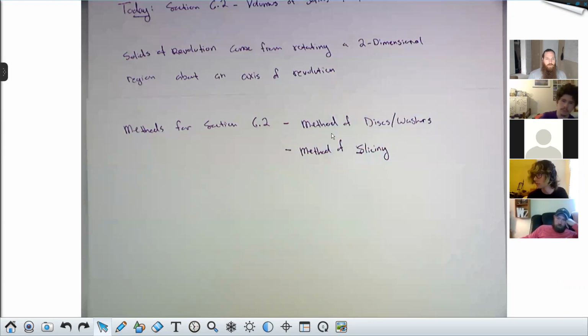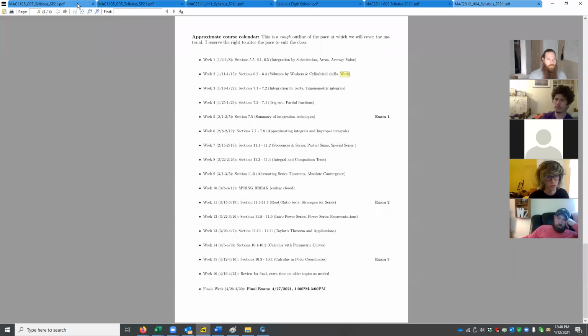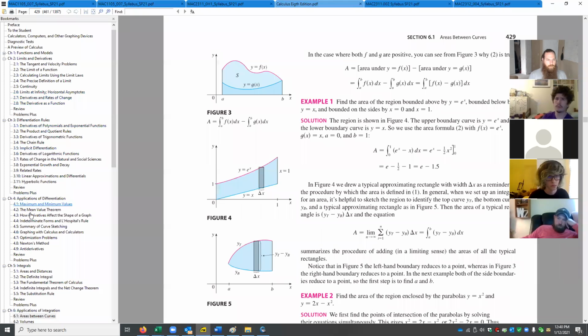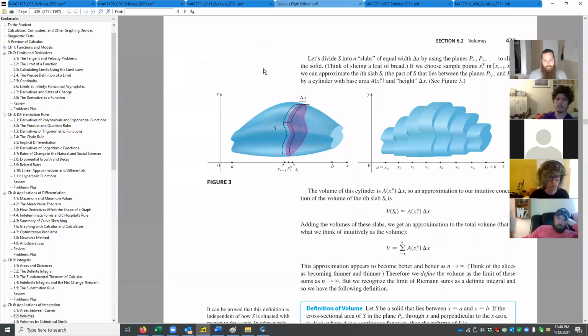The textbook does a good job of drawing the pictures here, so let me pop over to the textbook for just a second. Here's a picture describing the slicing method. This blue bread loaf shaped blob is the solid that we want to find the volume of.